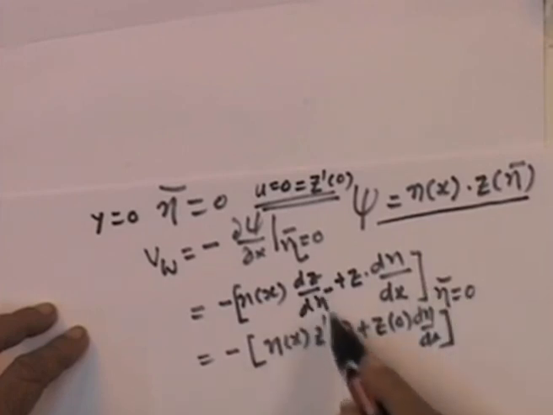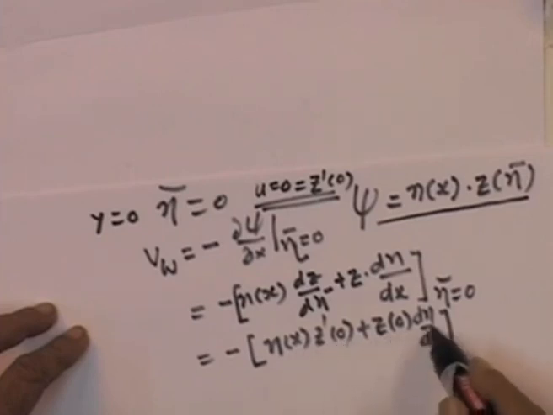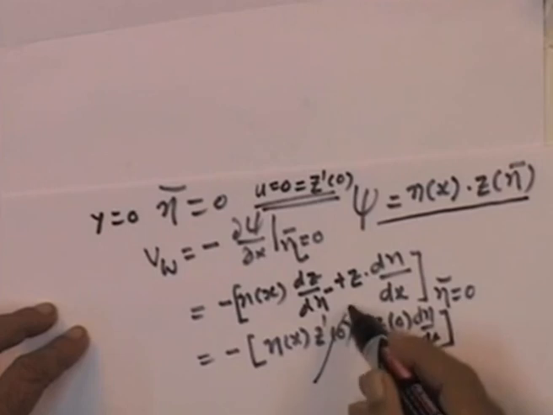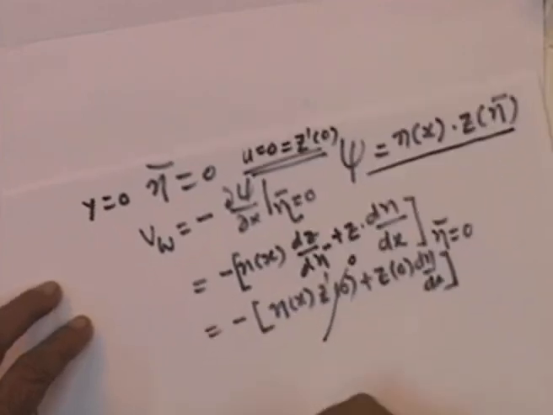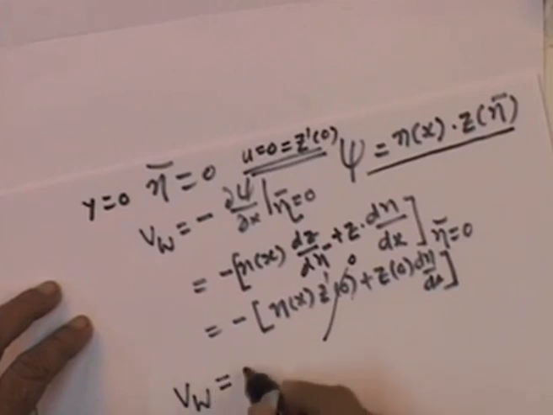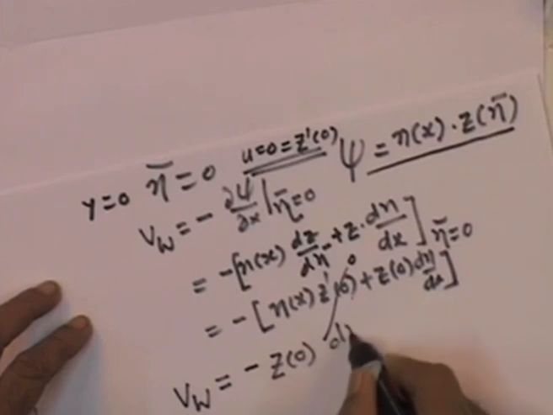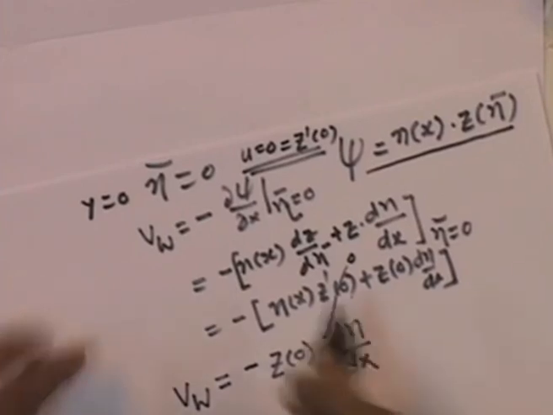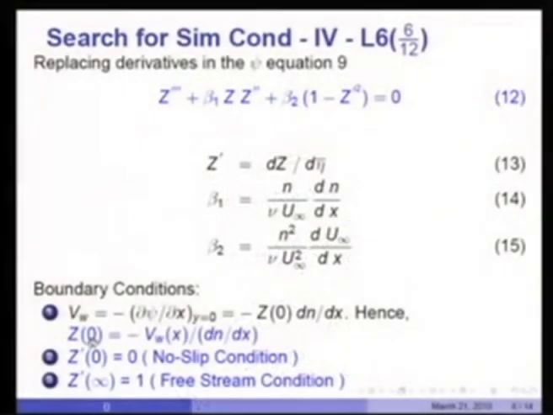If I replace dZ/dη̄ by Z prime of 0, this will be 0 due to the no-slip condition, and therefore I get v_w equal to minus Z_0 dn/dx, or in other words Z_0 equals minus v_w divided by dn/dx, as shown.